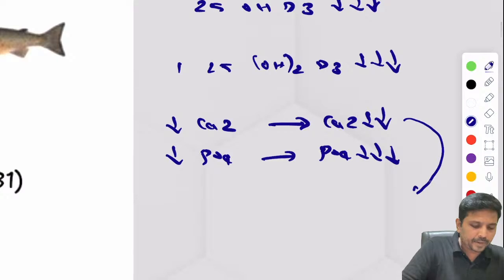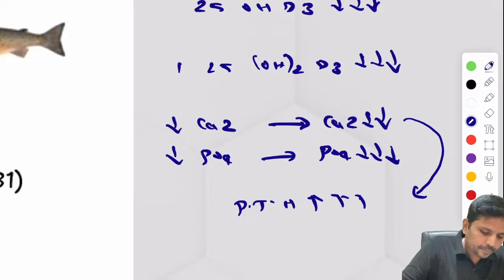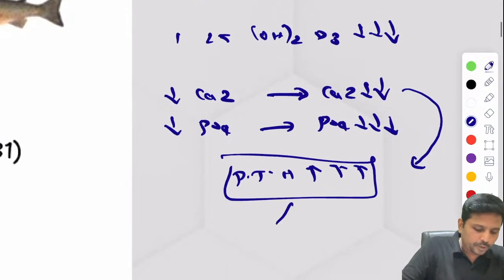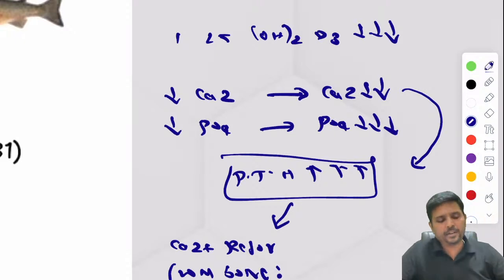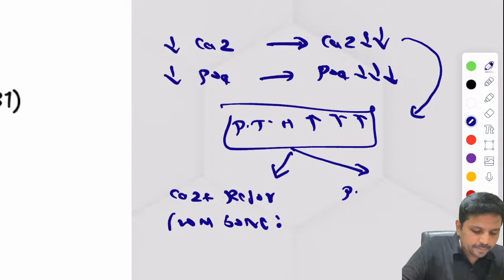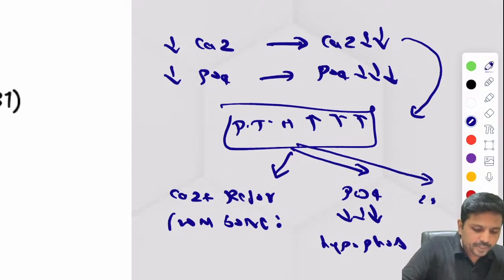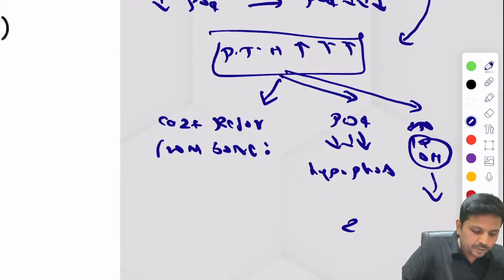This hypocalcemia in turn triggers parathyroid hormone secretion. This parathyroid hormone causes calcium resorption from bone to neutralize low calcium levels of the body, but at the same time it causes phosphorus excretion, so it causes hypophosphatemia, and it activates 1 alpha hydroxylase, which converts 25 OH-D3 to 1,25 dihydroxy D3.